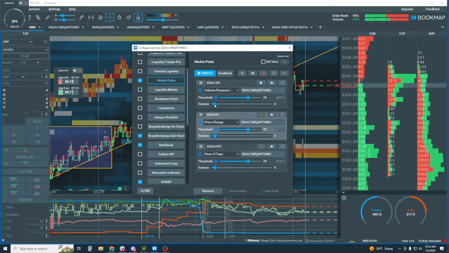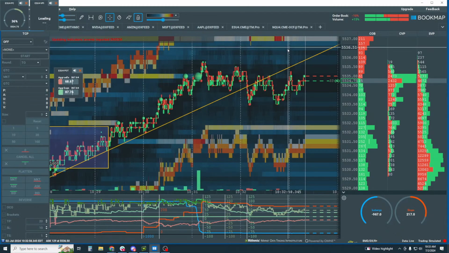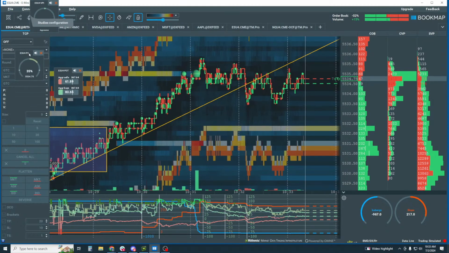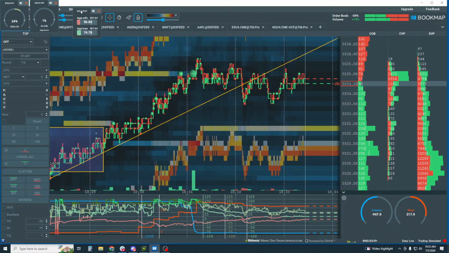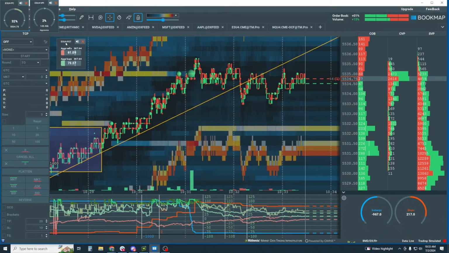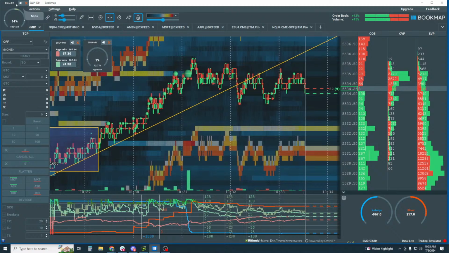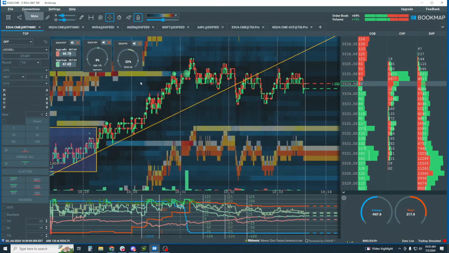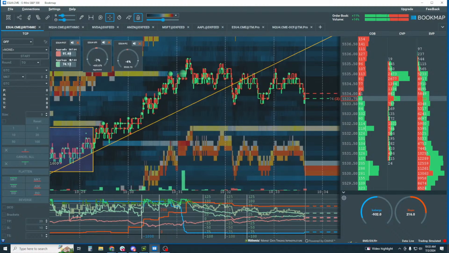Okay, this one everyone loves. Tape, volume pressure, and price change. Okay. See if we get any additional insights in here.